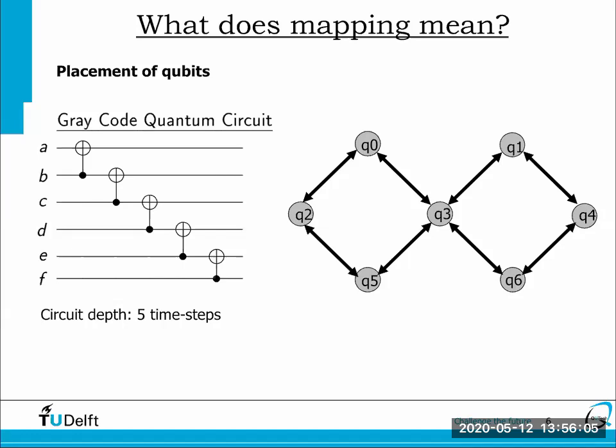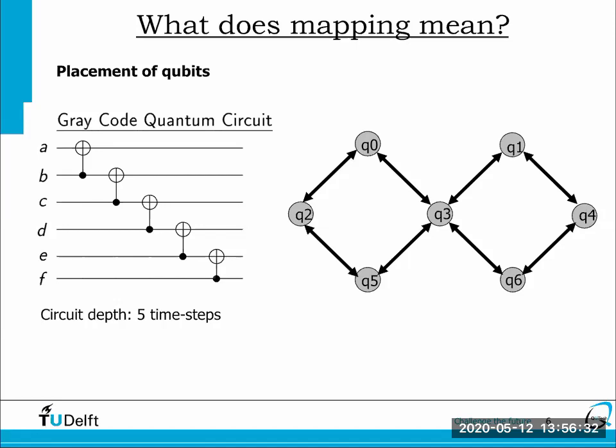So the first thing that we need to do, as your colleague just mentioned, is to place the logical qubits, also called virtual qubits, so the qubits in your circuit, in your physical device. If you do that in a smart way, taking into account the interactions between the logical qubits, so for example, A and B need to interact, also B and C, and D, and so on.